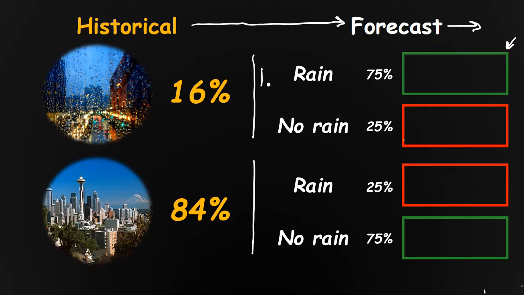The second outcome is that it rains on July 17th, but that the forecast is for no rain. And I used a red box to indicate the forecast is not correct. The third is that we get shine on July 17th and the forecast is for rain, and that's an incorrect forecast. And the last is that it does not rain on July 17th and the forecast is for no rain, a correct forecast.